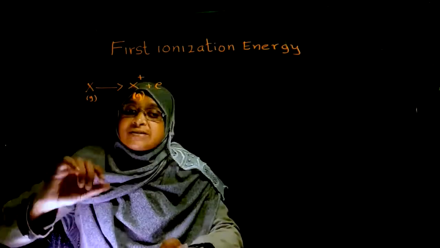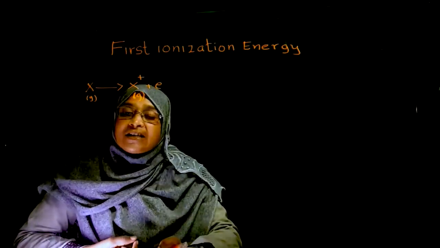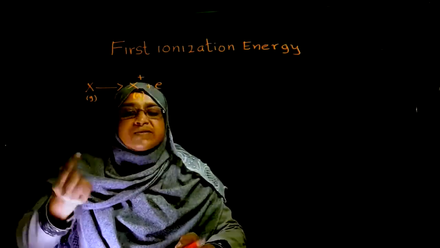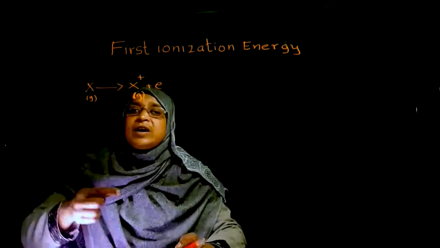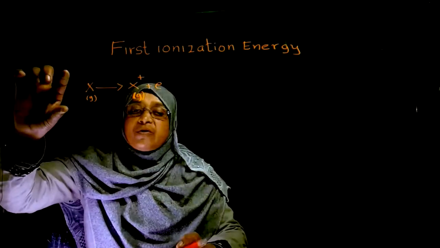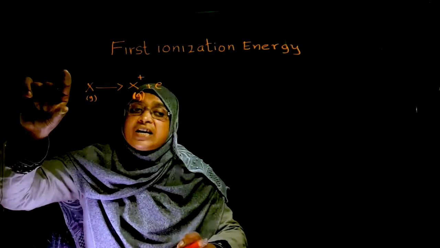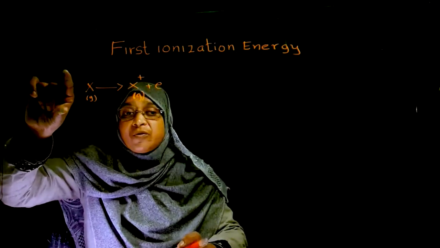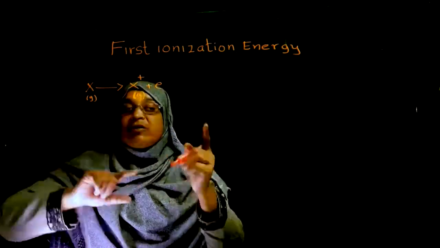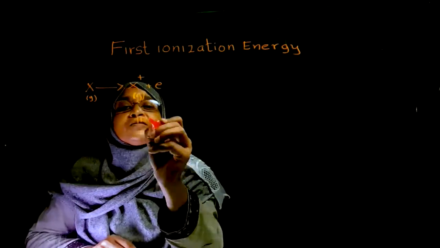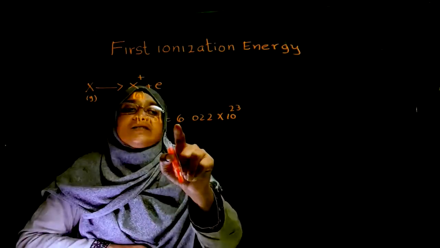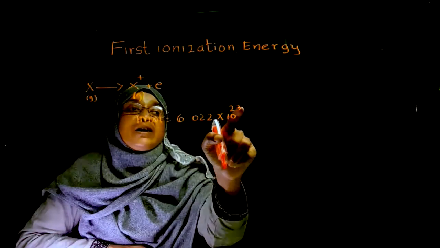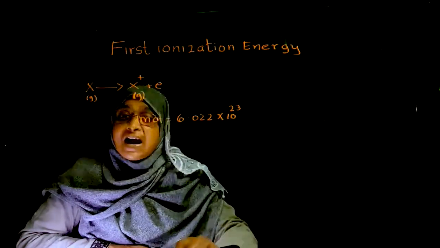The first ionization energy for one atom is so small, so the value of first ionization energy for an element is given for 1 mole. 1 mole means 6.022 into 10 to the power 23 atoms.